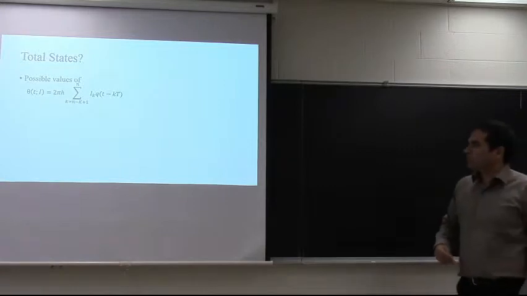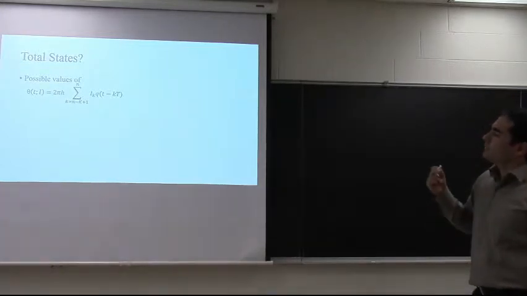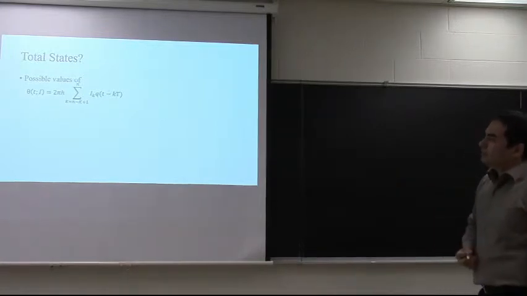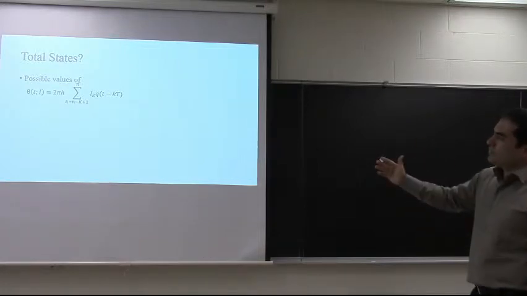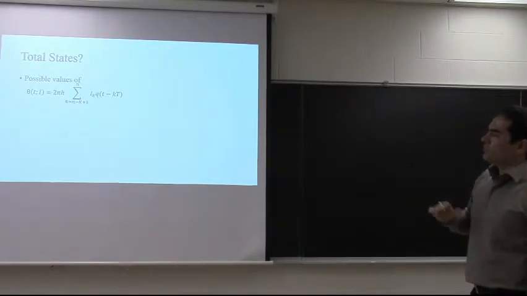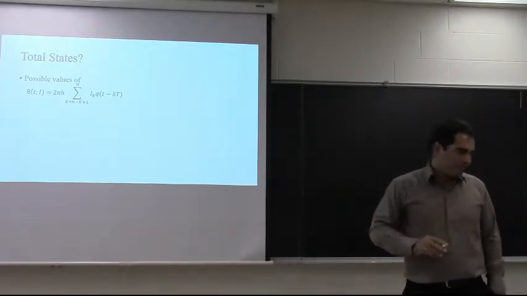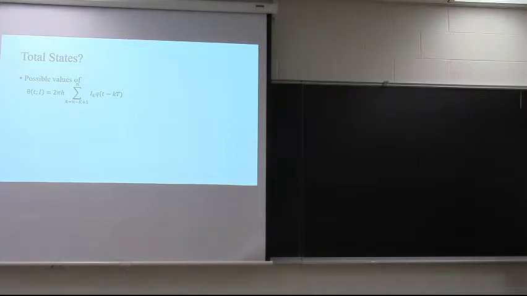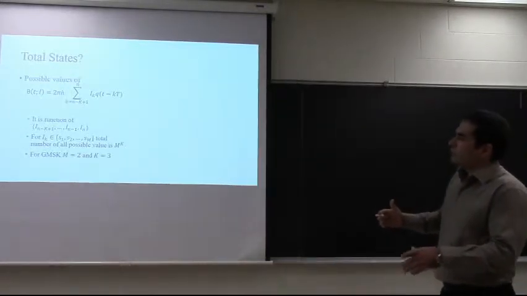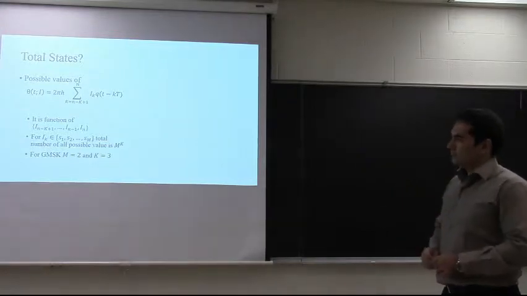Okay, here you can see that the first part, which we call theta of t and I, is a function of ik and q of t minus kT. We know what q is, therefore no problem. We know what h is, we know what the uppercase K is. Therefore, we can say that it is a function of I n minus k plus 1 through I n.